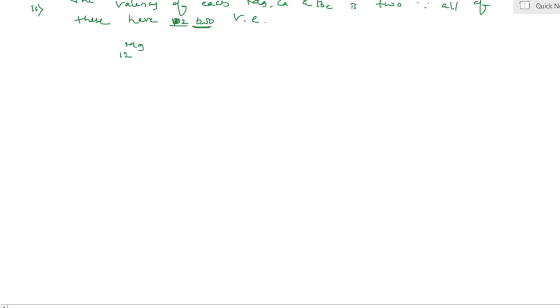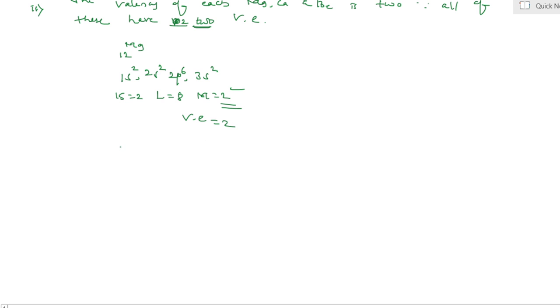Electronic configuration 1s2, 2s2, 2p6, 3s2. K cell 2 electrons, L cell 8 electrons, and M cell 2 electrons. Yes, it means valence electrons here are 2. Yes, my dear.